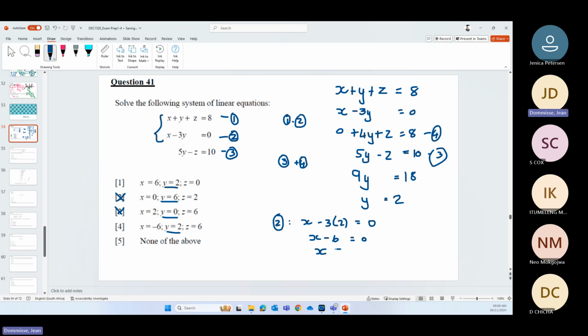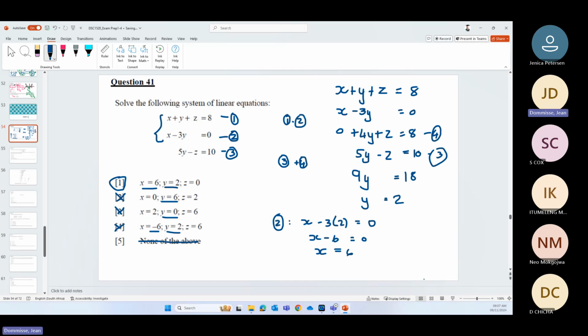So x is equal to 6. Okay, so that then again gives me, I look at that, there's x6 and then the other one. And so now we basically have option 1 as our answer, but let's just make 100% sure.